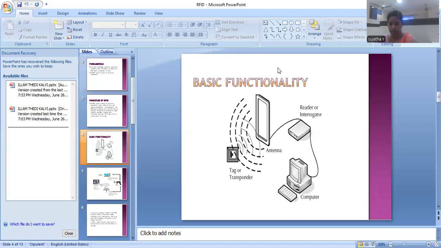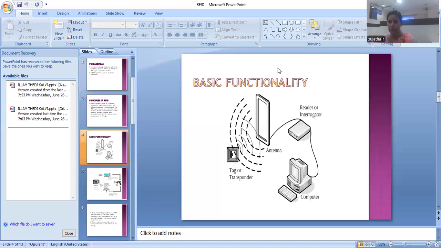In RFID, two antennas are connected, producing wireless communication. Before that, how does RFID work? A microchip in a label is used to transmit data when the label is exposed to radio waves.